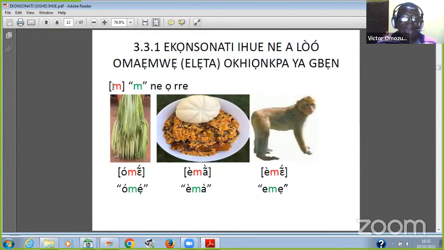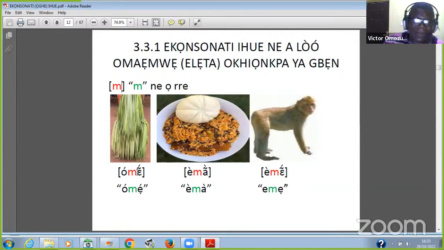So you have the sound, which is me, and then you have the letter, which is M. They are not the same. When you look at this, the structure of both is exactly the same, but the reality is that one is a sound and the other is a letter. So you have that sound in ome.